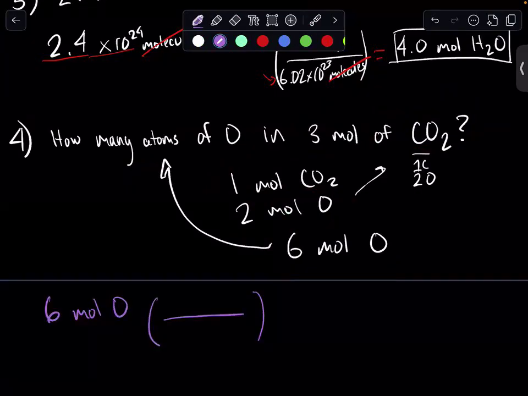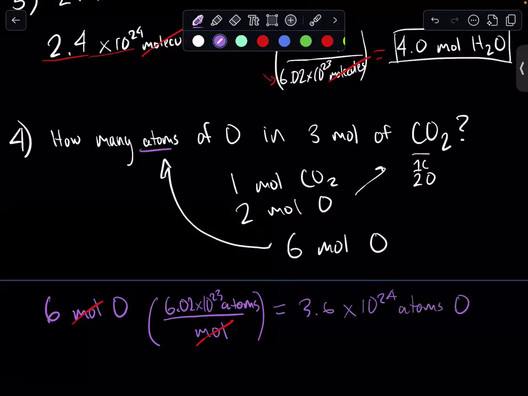I want to cancel out mole, so I'll put mole on the bottom. 6.02 times 10 to the 23rd, my particle this time is atoms. And I will cancel mole with mole, and I will get a final answer of about 3.6 times 10 to the 24th atoms oxygen.